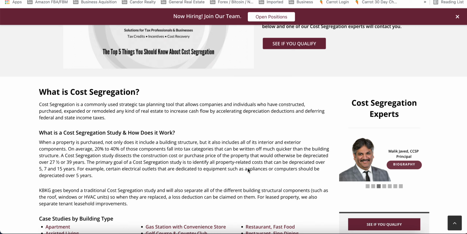So first of all, what is cost segregation? I've pulled up the definition here on the screen, and typically residential multifamily real estate is depreciated over a 27 and a half year time period, meaning that the building and all of the components of a building are expected to last 27 and a half years, and the IRS allows you to depreciate those assets in a straight line fashion, meaning equal amounts each year over 27 and a half years.